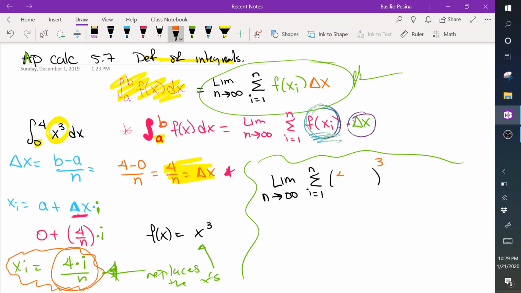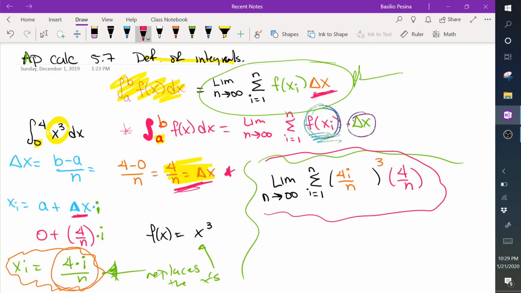So it's going to be 4i over n, cubed, times my delta x, which I can see was given to me here as 4 over n. This right here would be our answer. This summation notation as n goes to infinity is the exact integral of the area under the curve.